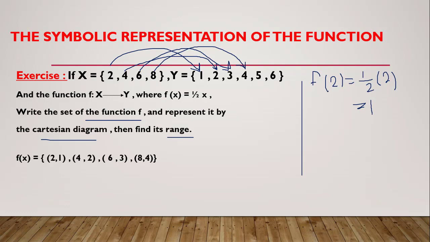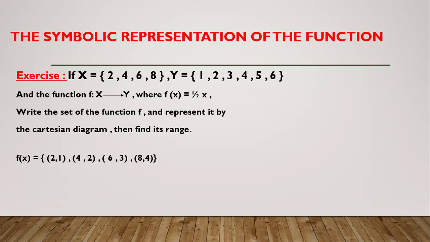Okay, now we have the ordered pairs which we wrote here as the function f of x, which is f of x equals half x. Okay, this is the first requirement, which is to write the set of function f.